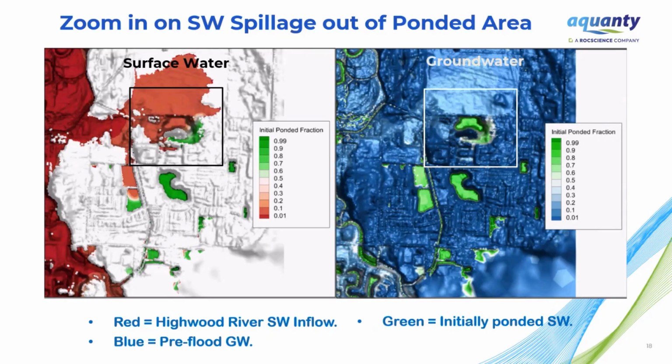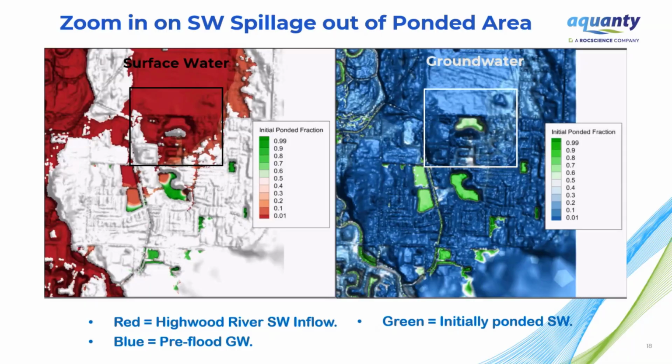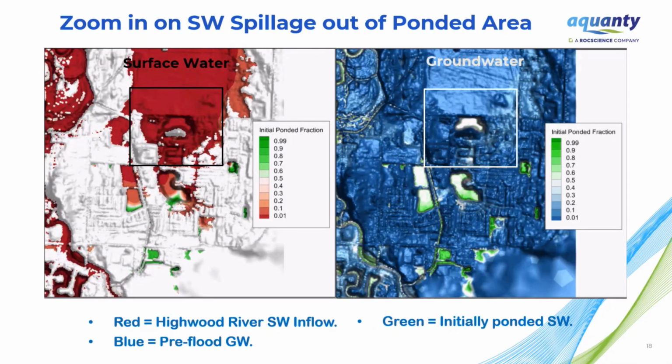It's going to inundate that pond in the middle of the box, and then it spreads the ponded fraction out to the east. This would be of concern particularly for something like concentrations of contaminants in soil or onto properties immediately downstream of that surface pond.